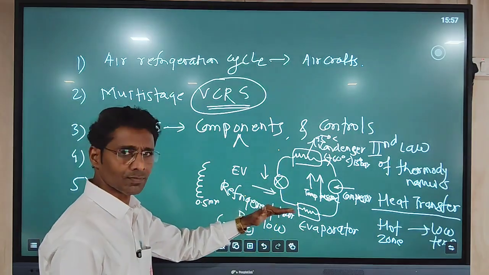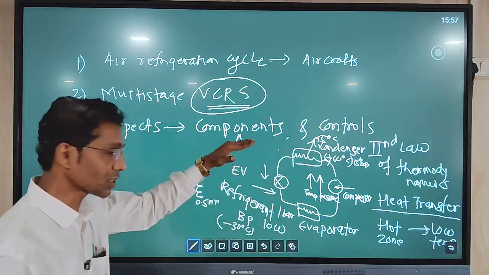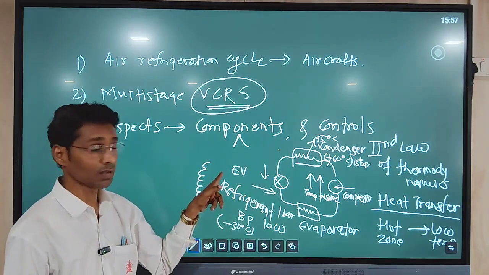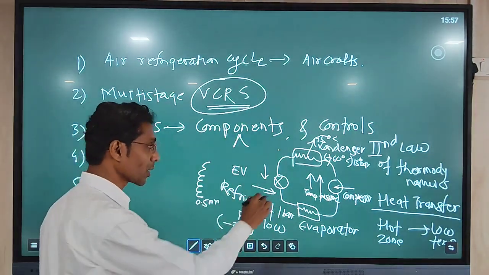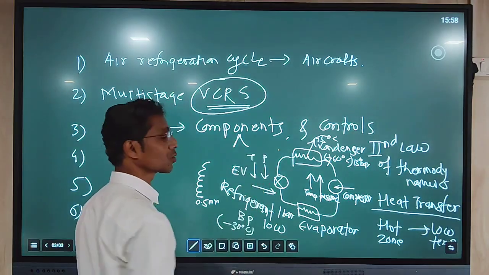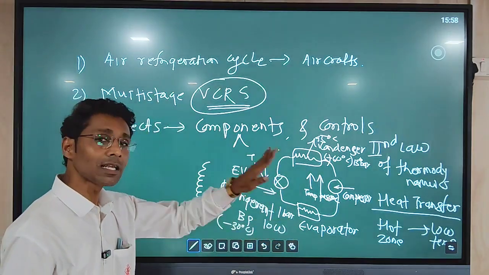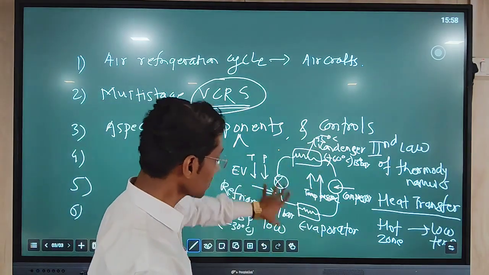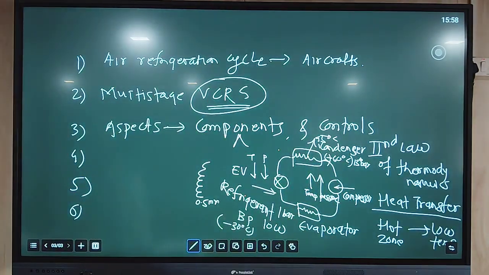So above 1 bar, say 1.5, from 15 bar to 1.5 bar, that much pressure drop is carried out using the process called the throttling process, by using the expansion valve. In this journey, along with the pressure drop, a temperature drop also occurs. So here we get minus 30 degrees Celsius, for example, and now the cycle is completed. So this is the working of the vapor compression refrigeration system.